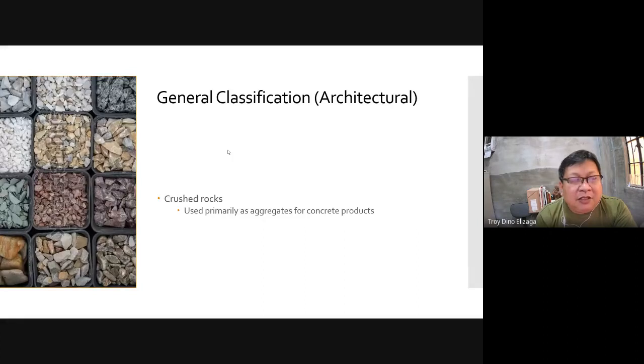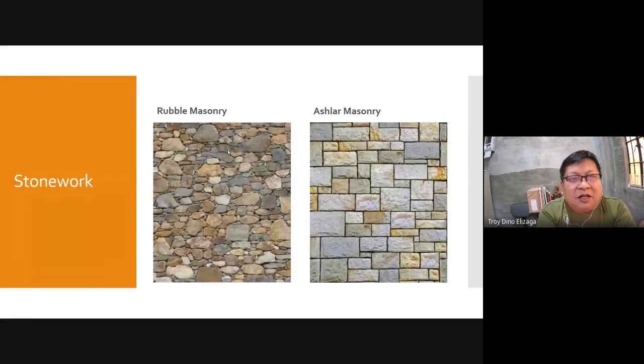But generally, in your history class, you will learn that there used to be just two types of masonry walls, rubble and ashlar. Ashlar is like your dimension stones.